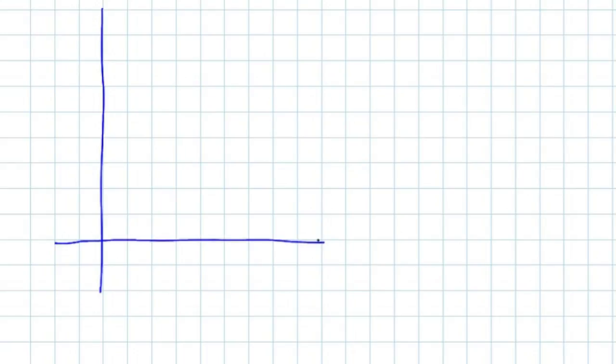For example, let's say I have a graph of your grade, so how well you do on a test, versus the number of hours of sleep. So this is going to be hours of sleep, and this is going to be your grade on a test. Maybe that's in points or whatever.